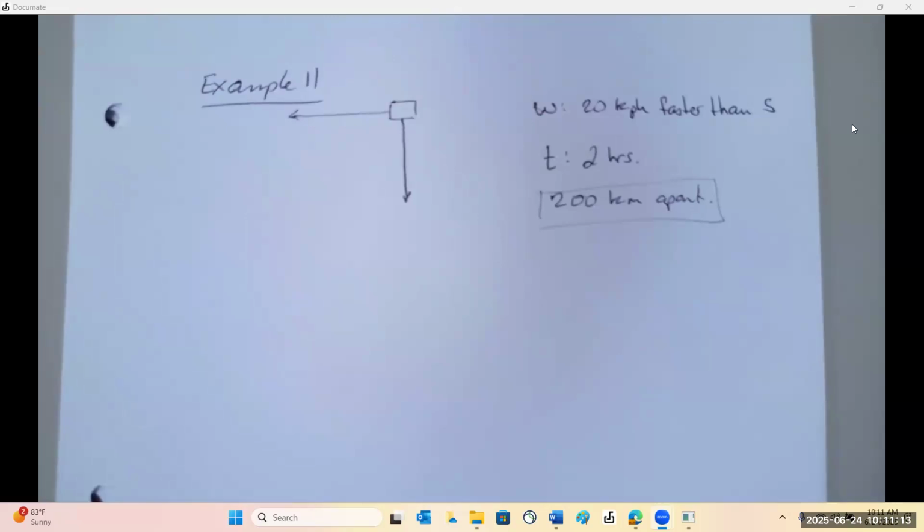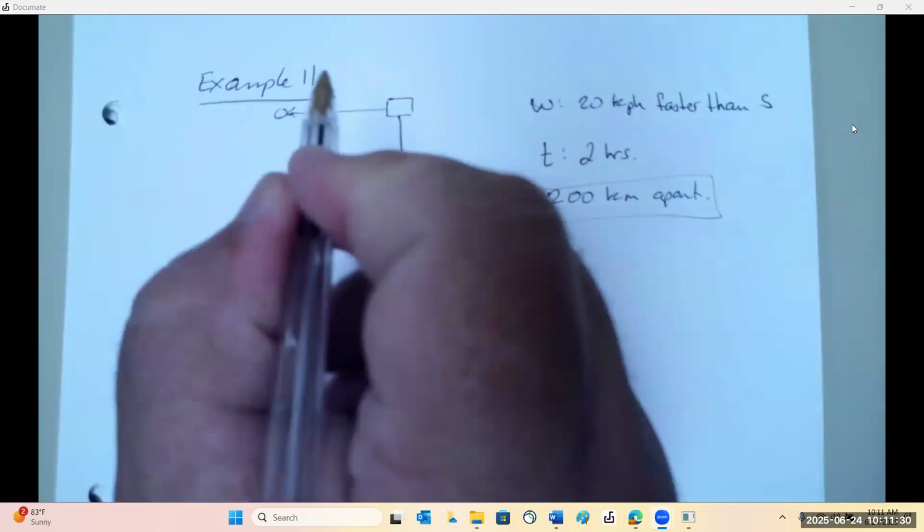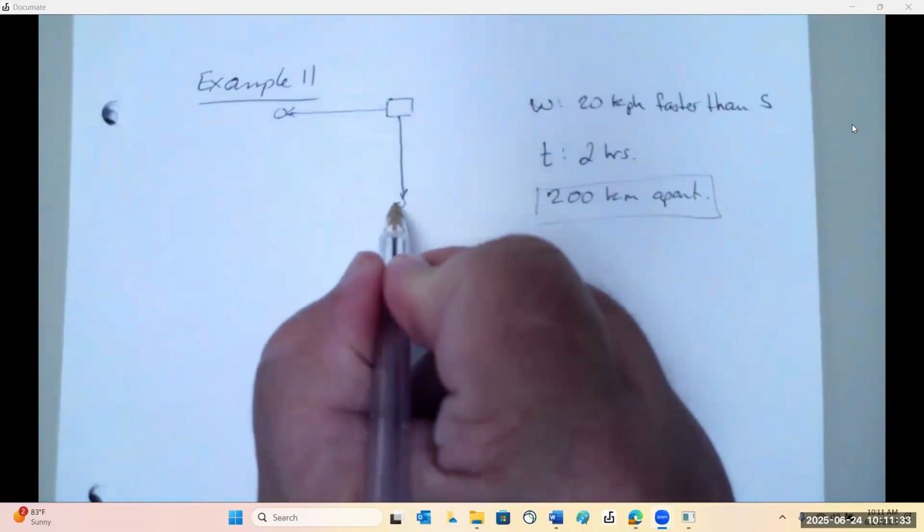What part of the lines are we talking about? You're saying south and west. You're saying points on the line. Where on this graph am I looking at for 200 kilometers apart? From this point to this point is 200 kilometers apart.